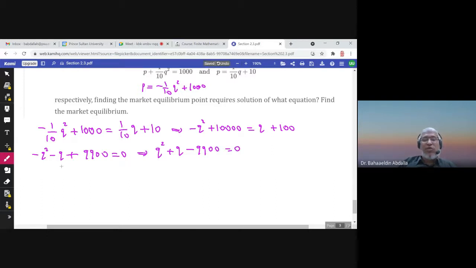So the equation is q squared plus q minus 9900 equals 0. And again, this is a quadratic equation, and you can solve it either by factoring or by completing the square. And if you think of two numbers whose product is negative 9900, you will find negative 99 and positive 100.